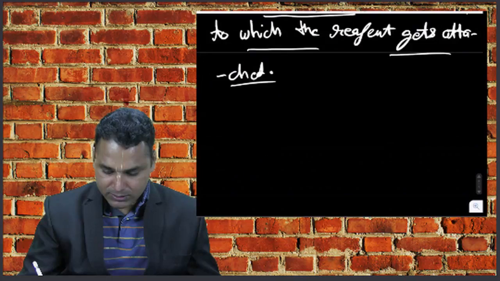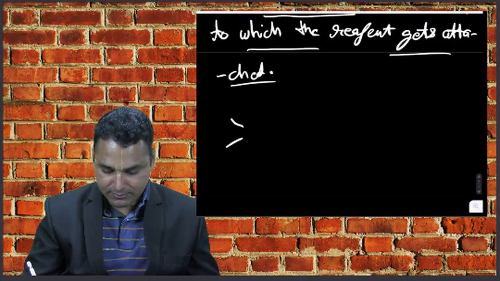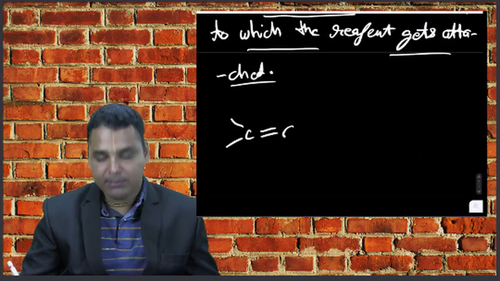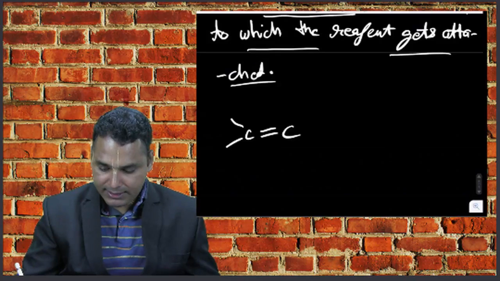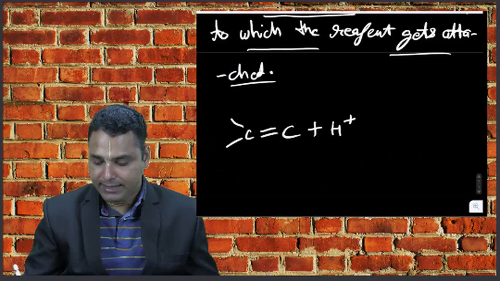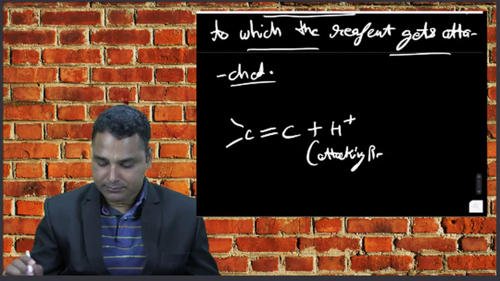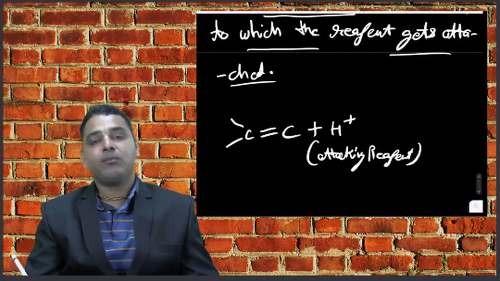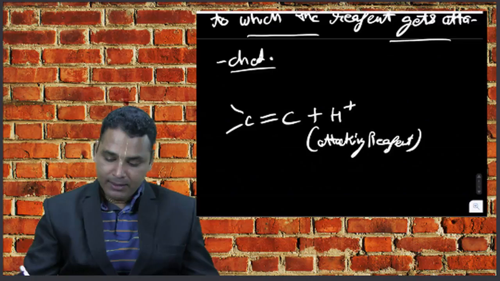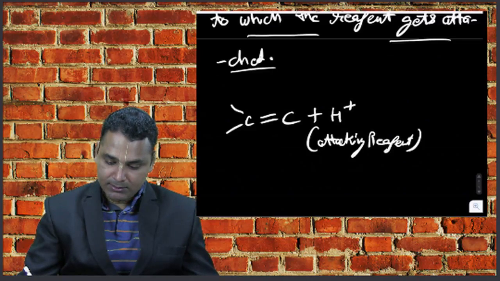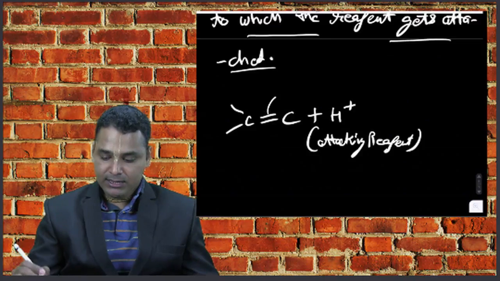So suppose we have this double bond C, and the attacking reagent is H plus. This is the attacking reagent. Now what happened? This double bond broke up, and this double bond's electrons got shifted to this carbon atom.